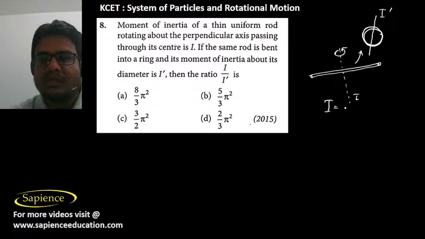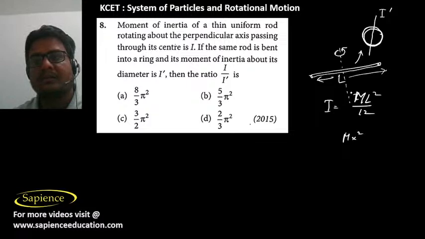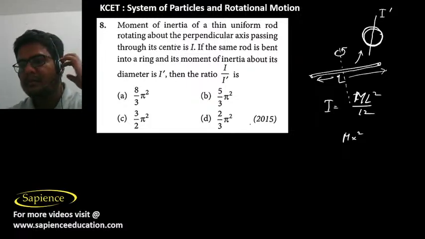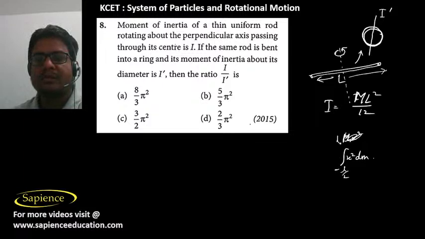We know that I will be equal to ml square by 12, where L is the length of the rod. How do we find this ml square by 12? The moment of inertia will be the integral of x square dm, from minus L by 2 to plus L by 2.